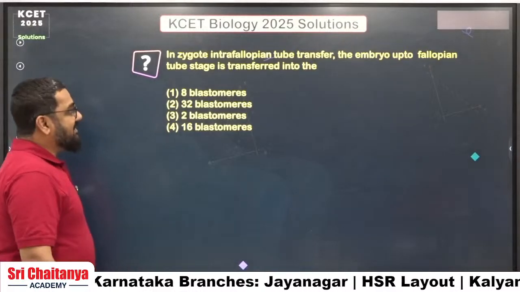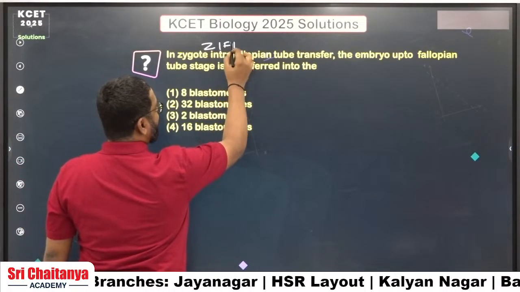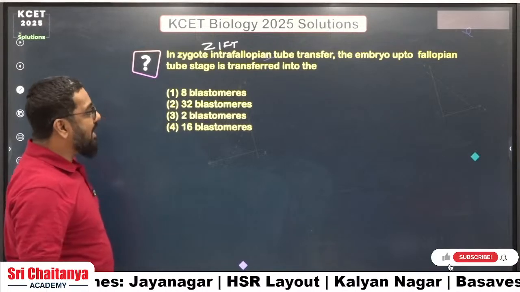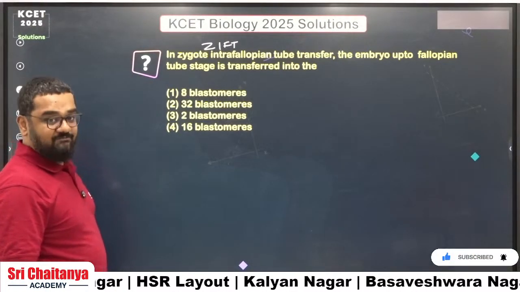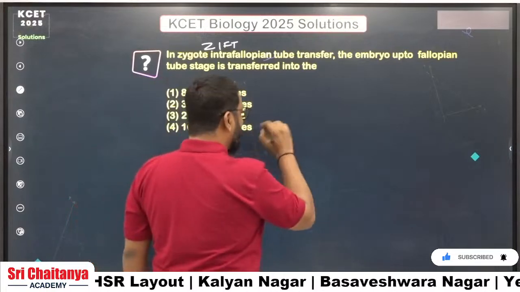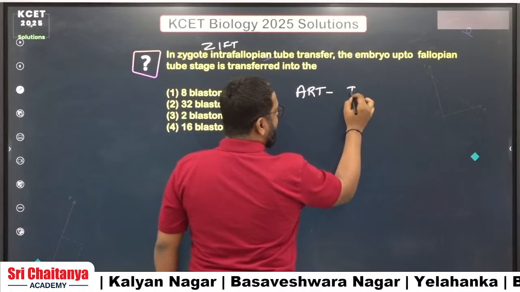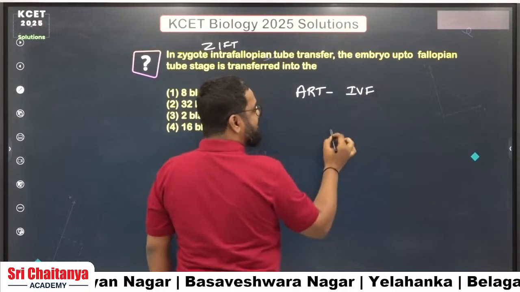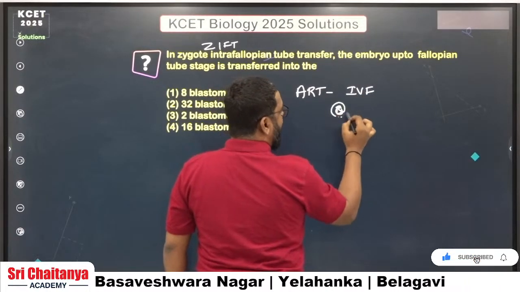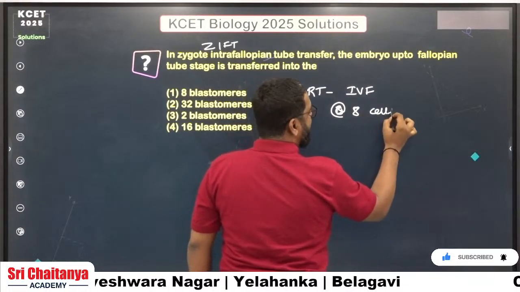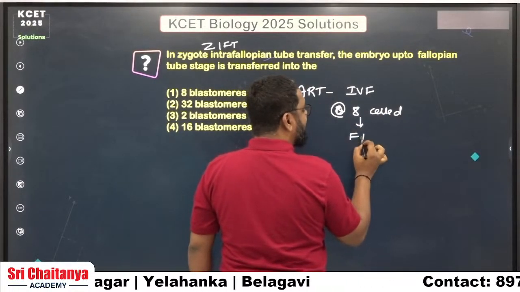In zygote intrafallopian tube transfer, that is ZIFT, right? The embryo up to 8 blastomeres is transferred into the fallopian tube. Now, we have to understand, during assisted reproductive technologies, in vitro fertilization, what happens? If it is before or at 8 cell stage, 8 blastomeres, it can be transferred directly into the fallopian tube.